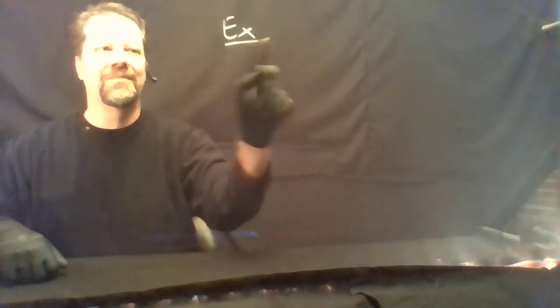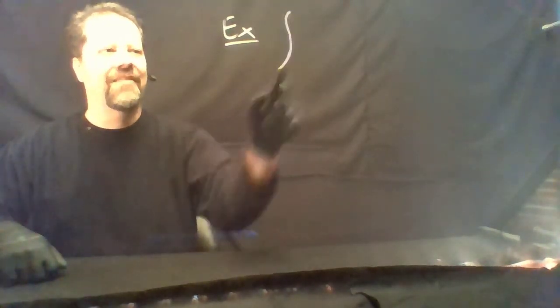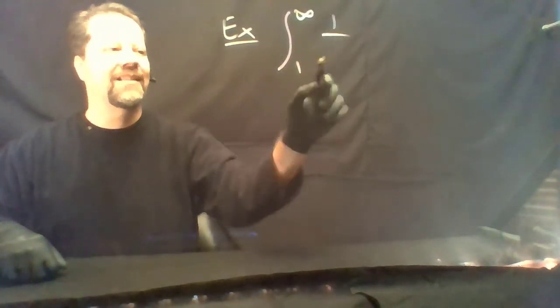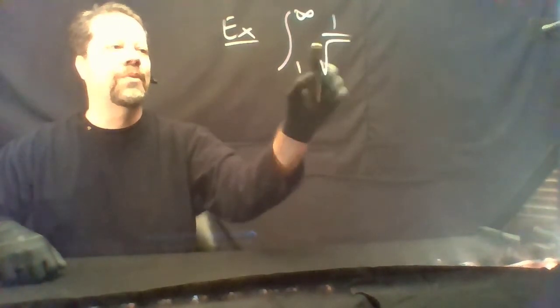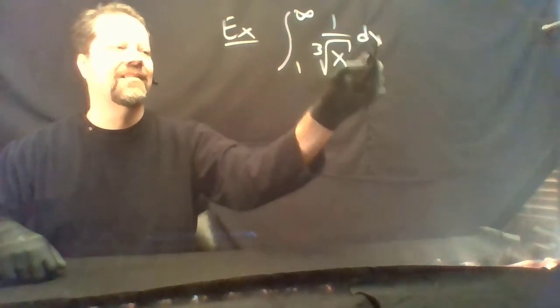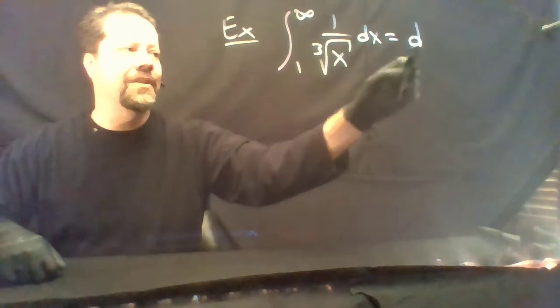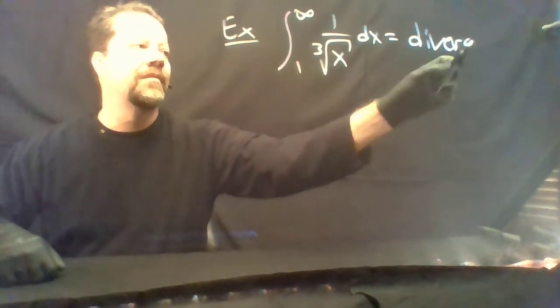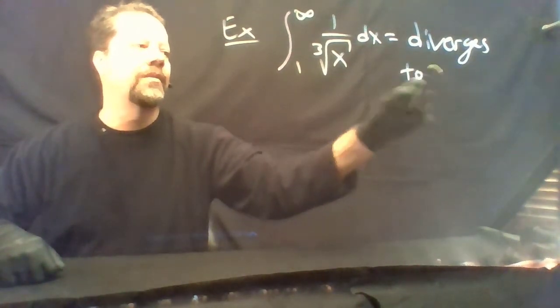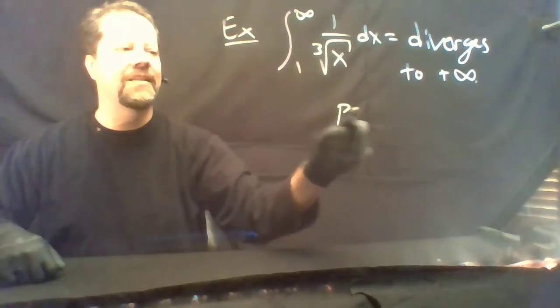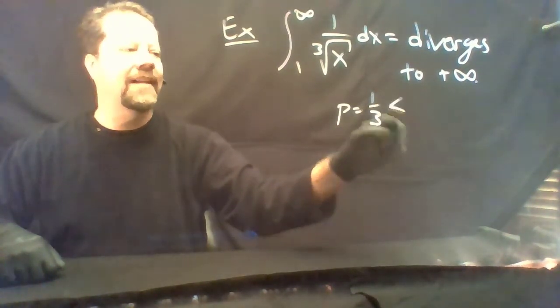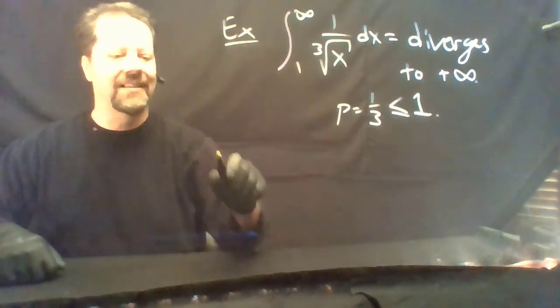So for example, if I'm integrating from 1 to infinity, 1 over the cube root of x, I know that this diverges to plus infinity because p is equal to 1/3, and that's less than or equal to 1.